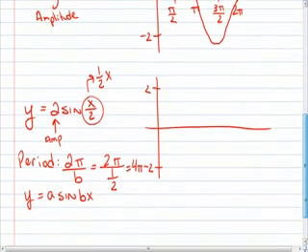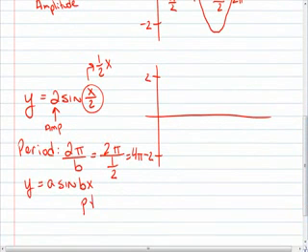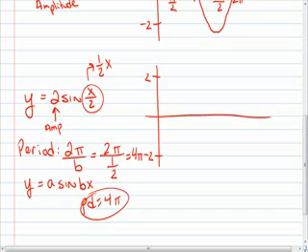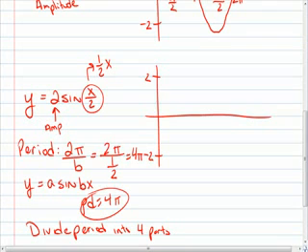So we have an amplitude of 2 and a period of 4 pi. And in order to graph this and find the critical points where it hits maximums and intercepts, we need to divide this period into 4 parts. We divide 4 pi by 4 parts, we have intervals of pi.